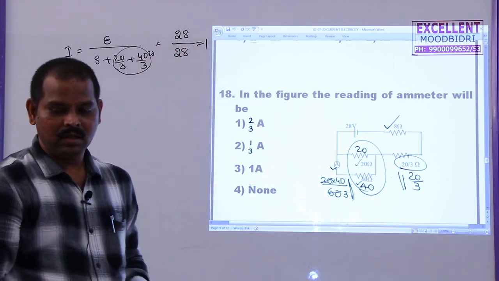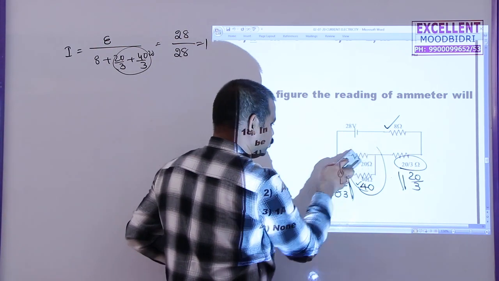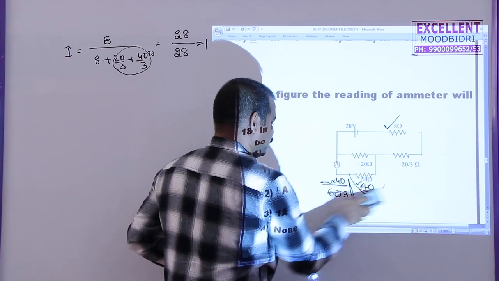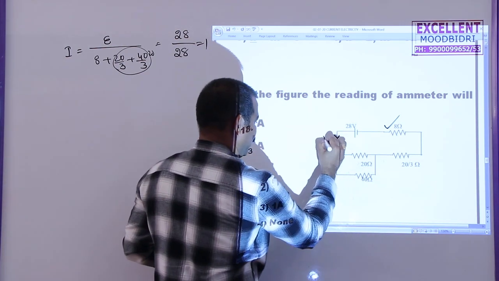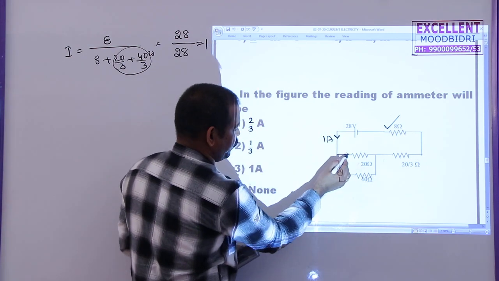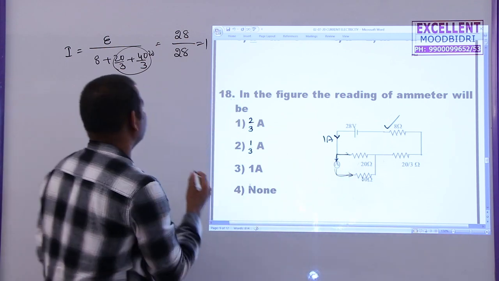But I don't want the main current. Here I want to find out the current passing through this ammeter. So to find out the branch current, whatever the current that is coming from the cell, that is 1 ampere, will pass through this one. Here it will divide into 2 parts. So what is the amount of current passing through this 40 ohms?